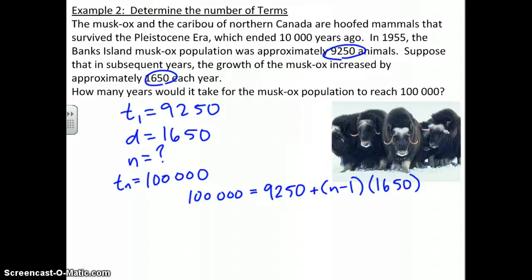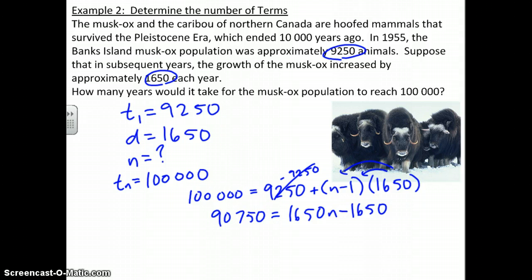Okay, and now we just simplify this. So we're working this out here. I'm going to subtract the 9,250 over to the other side. Right, so I get 90,750. And then equals, here I distribute the 1,650 into there. So it becomes 1,650N, take away 1,650.